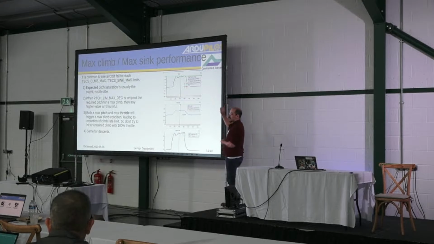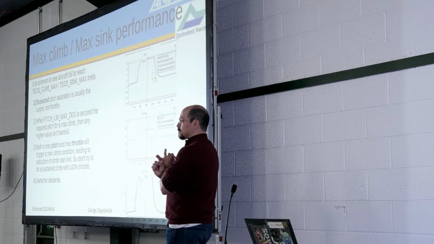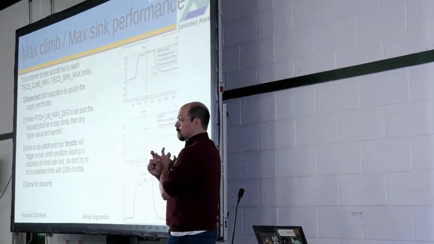And the reason this happens is that TECS will ease off the stick, in a sense, and stop climbing or sinking as fast when either of two conditions is true. Either it's expecting to exceed its maximum pitch angle, or it is actually reaching the maximum throttle.